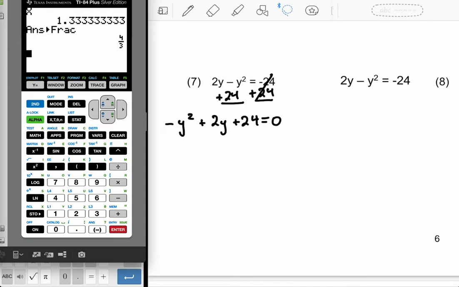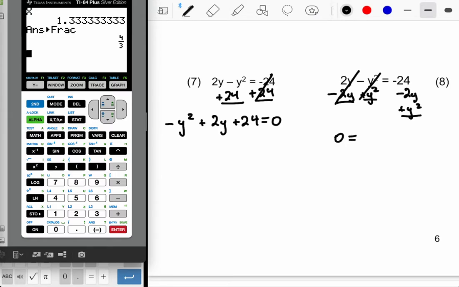All right, so instead of adding the 24 to both sides, I could subtract the 2y from both sides. I could add the y squared to both sides. And get 0 equals y squared minus 2y minus 24. All right, these two equations are equivalent to one another.